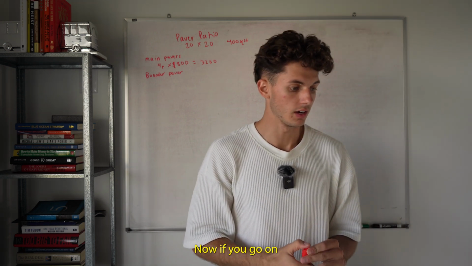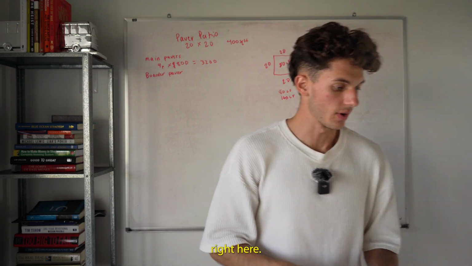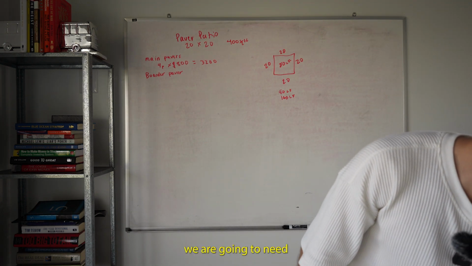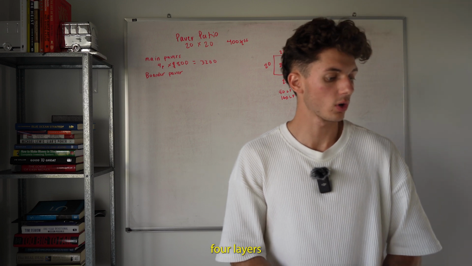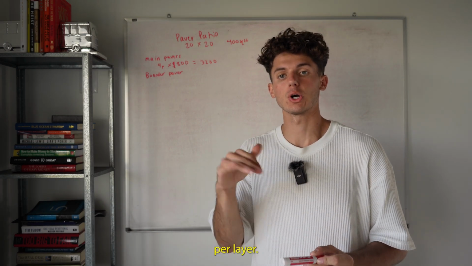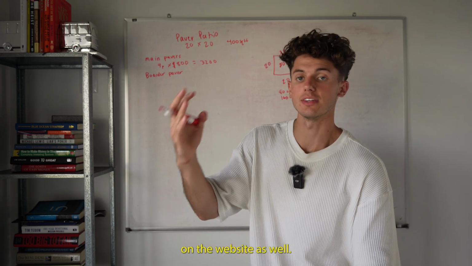Now, if you go on their websites, I'm looking at their website right here, we are going to need 4 layers because there's 40 linear feet per layer on the Copthorne pallets. You can see this on the website as well.